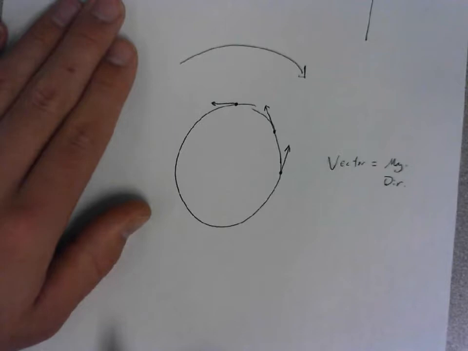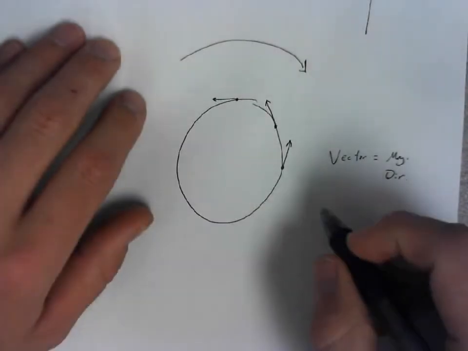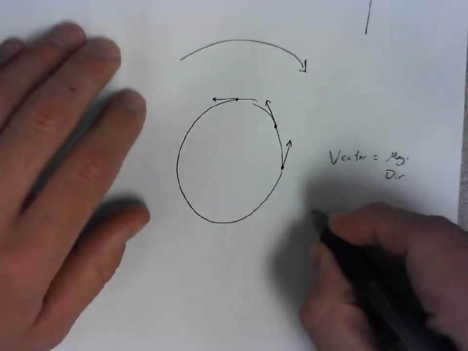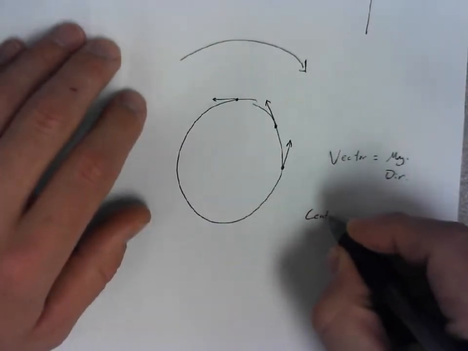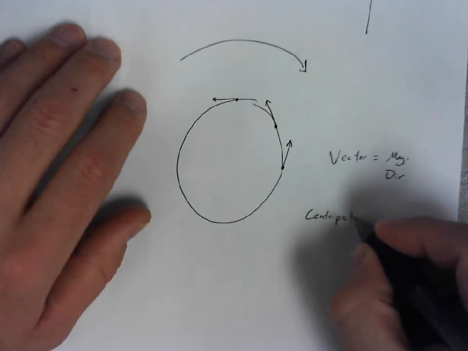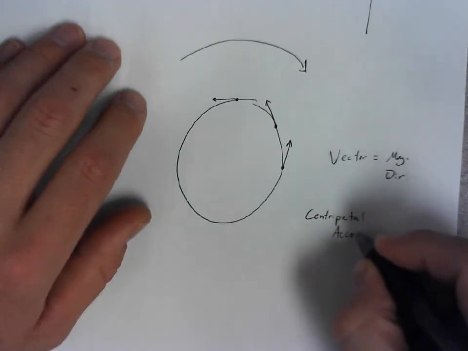Now, since we have a change in velocity, that means that we are also going to get an acceleration. So, we call this acceleration centripetal acceleration.